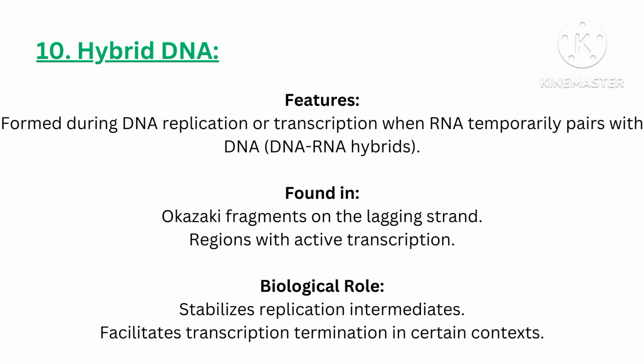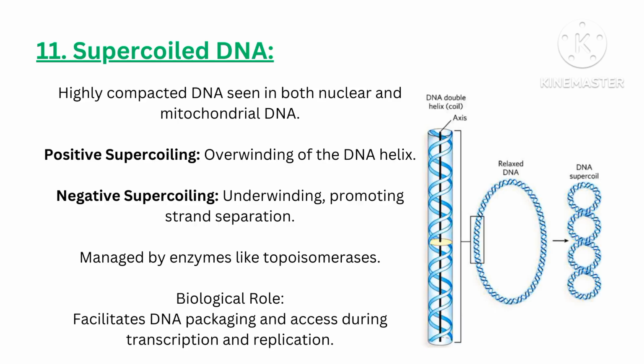Its features are: formed during DNA replication or transcription when RNA temporarily pairs with DNA, DNA-RNA hybrids. Found in Okazaki fragments on the lagging strand and regions with active transcription. Biological role: it stabilizes replication intermediates and facilitates transcription termination in certain contexts.